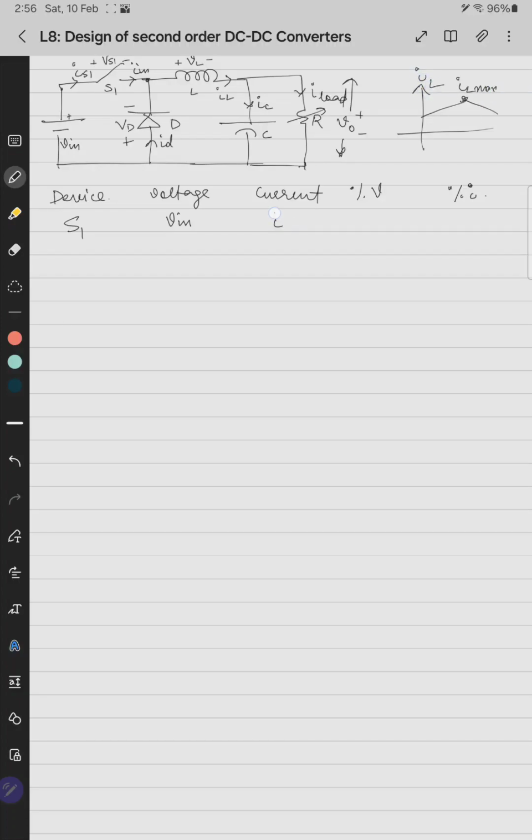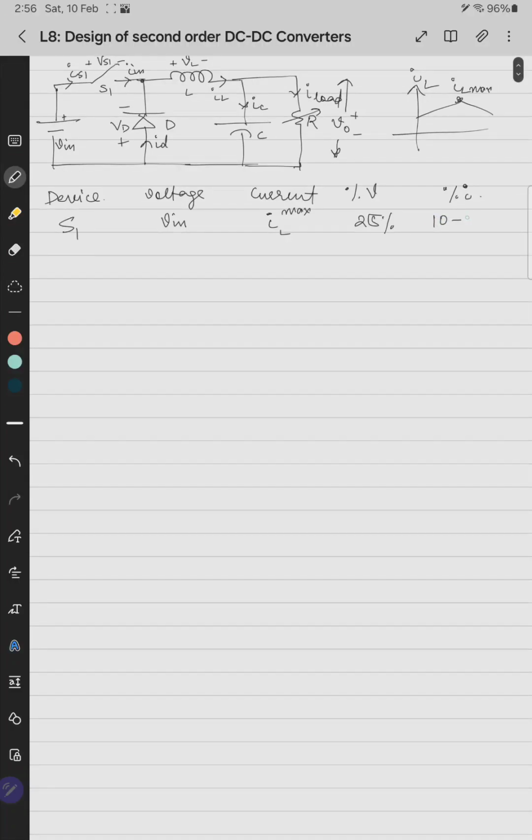So it should be rated at IL max. Let's say 25% of nominal margin in voltage is permissible. For current it should be 10 to 15%.